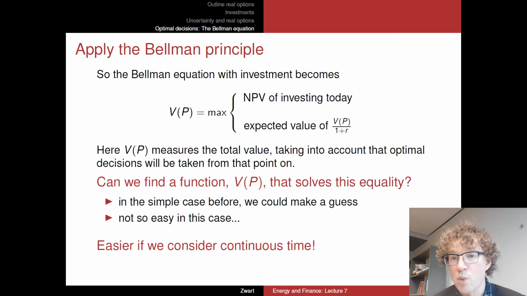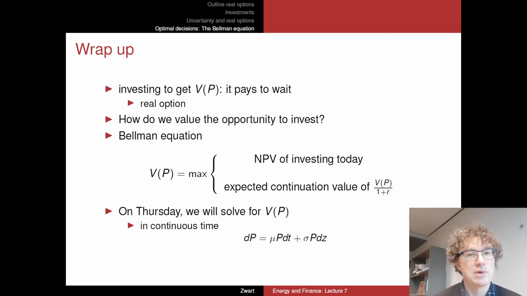To make our work a bit easier, it sounds a bit more complicated at first, but in the end we can actually reach fairly simple expressions, fairly simple equations. We will have to go to continuous time. So instead of having discrete time steps, we'll just let time flow in a continuous manner. That's what we'll do next lecture.